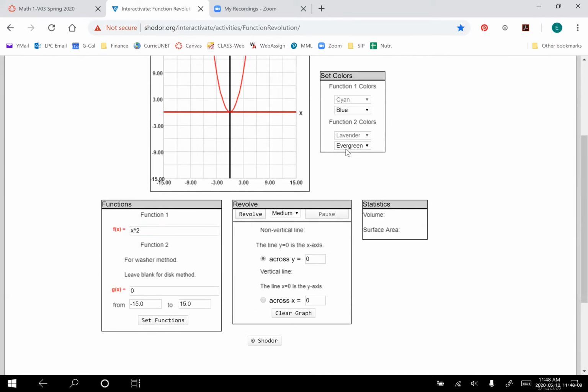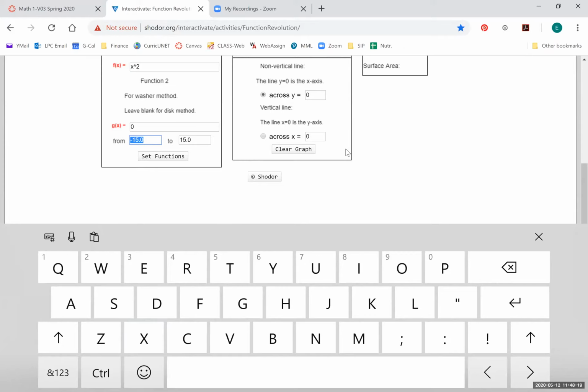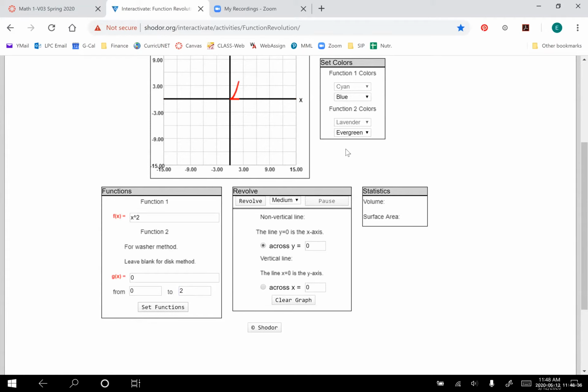So we want to also kind of nip in the x direction here. It's going right now from -15 to +15. Here we only want to go from x equals 0 to 2 because that's where our area really was.